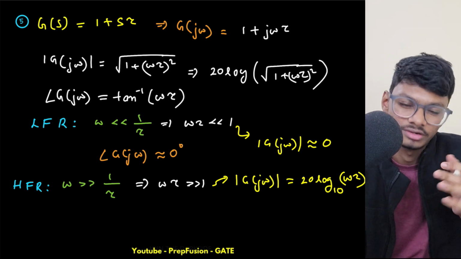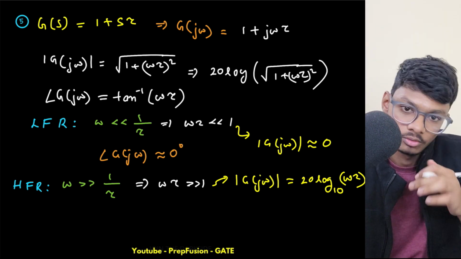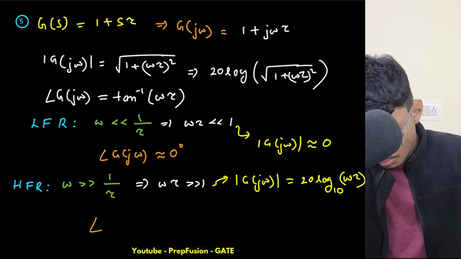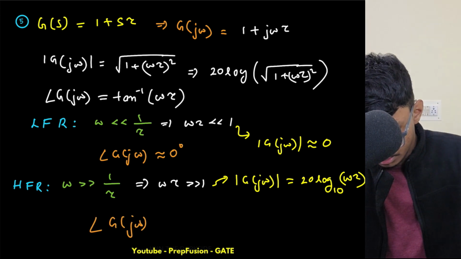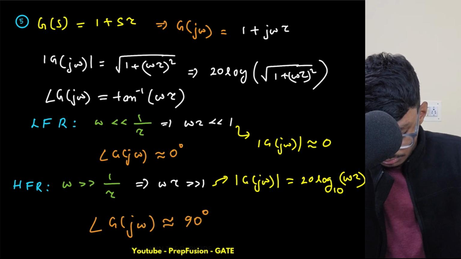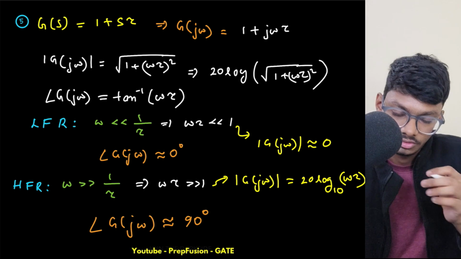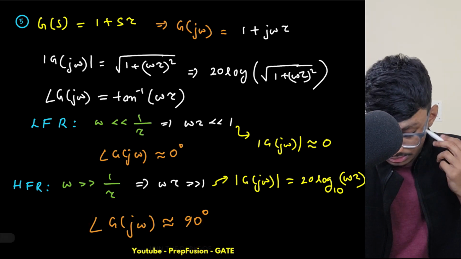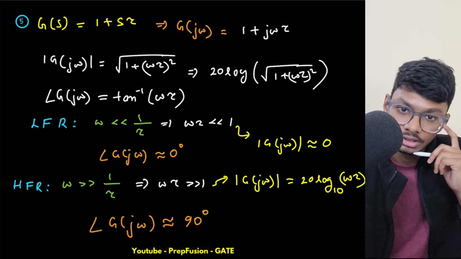Tan inverse 0.1, tan inverse 0.001, it almost tends to 0. Now what is happening here? It almost tends to 90 because omega tau is much greater. So yeah, this is it for this value.